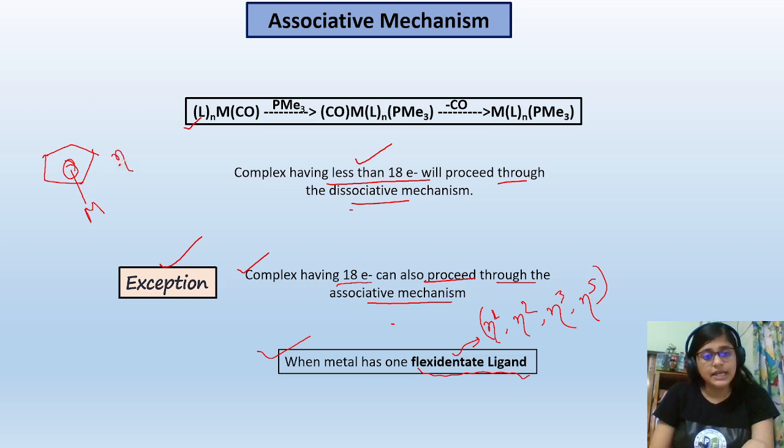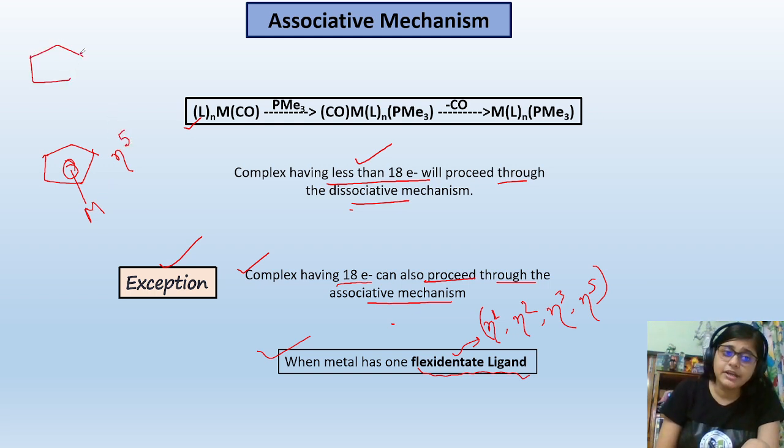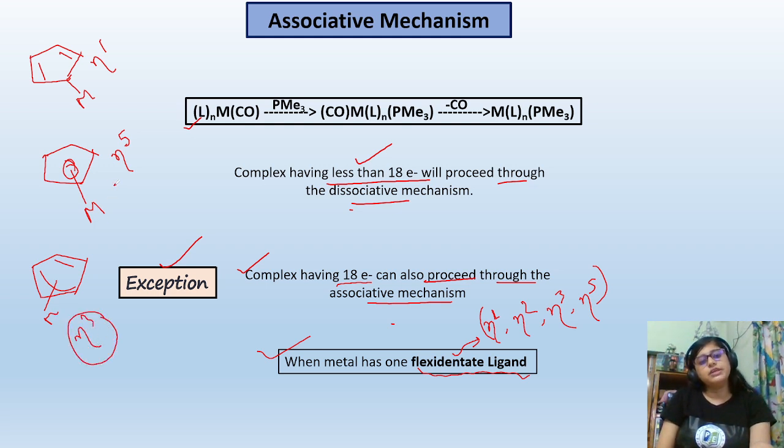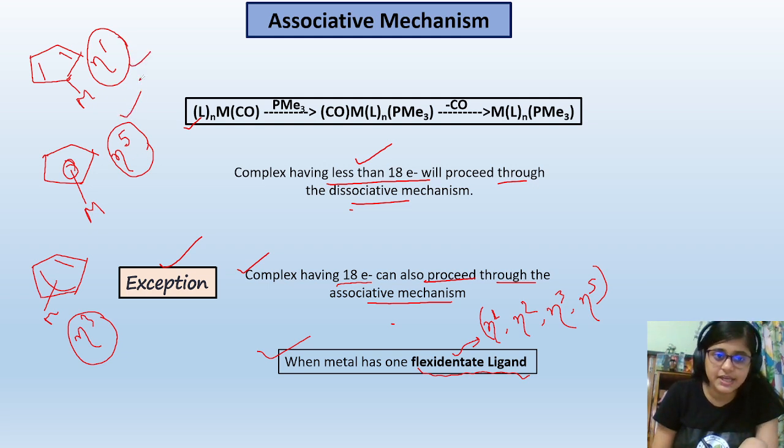That means the Cp ligand here is showing eta 5, but it can also show eta 1, like this, and also eta 3. So according to the metal's requirement, it can change its hapticity.